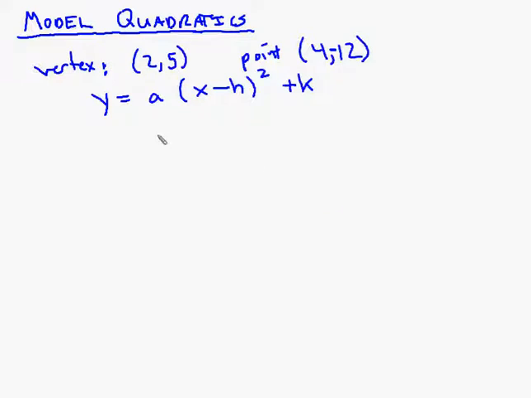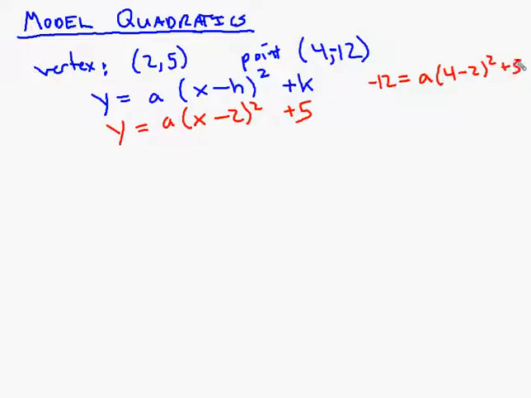So what we did the other day is we would put in our h and k. And then, off to the side somewhere, we would use the point to calculate a. So we put in our x and our y.